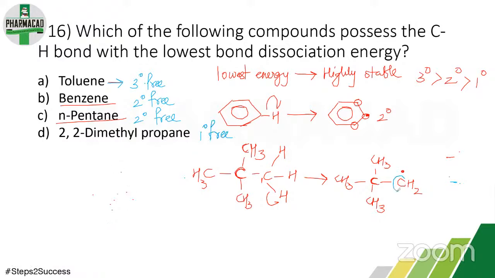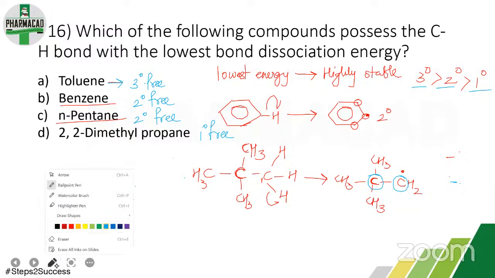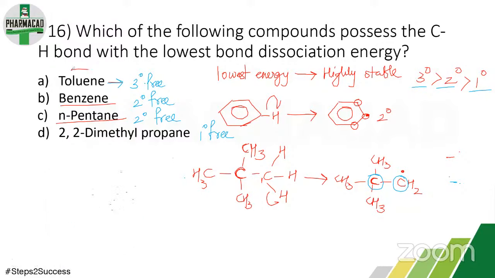You can see this carbon is attached with only one carbon. Now, on the basis of the stability of free radical, that is tertiary, secondary, and primary, the most stable compound is our toluene, because after hyperconjugation, we are getting a tertiary free radical. So the answer is option 2, toluene.